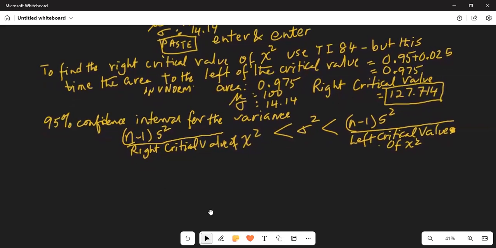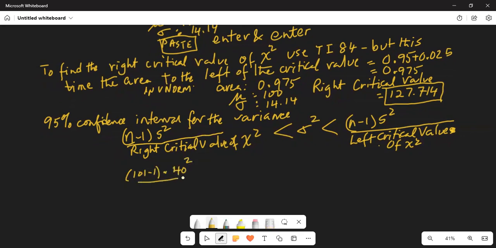So our sample size is 101 minus 1, times the sample standard deviation 40 squared, divided by the right critical value, which is 127.714, less than sigma squared, less than 101 minus 1 times 40 squared divided by the left critical value.